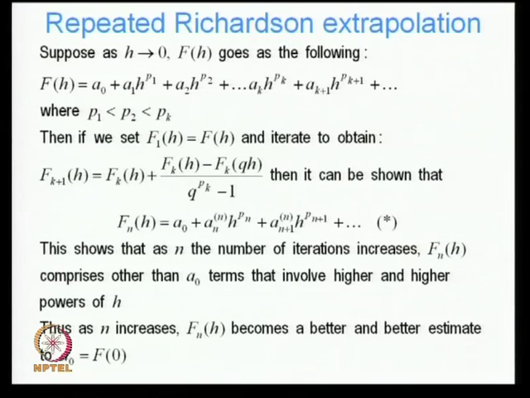The next terms are there, H to the Pk plus 1 is there, but the coefficient of H to the Pk has become 0. So, in the expansion for Fk plus 1, the leading order term is H to the Pk plus 1. It is no longer H to the power Pk.